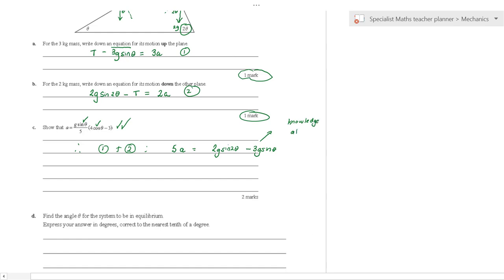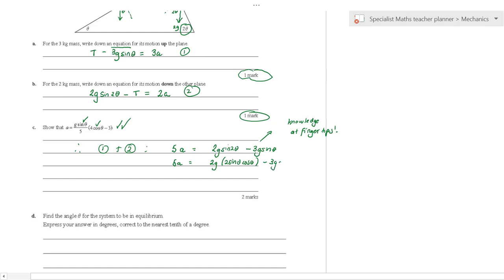You should know that 2g sine 2 theta is 2g times 2 sine theta cos theta.